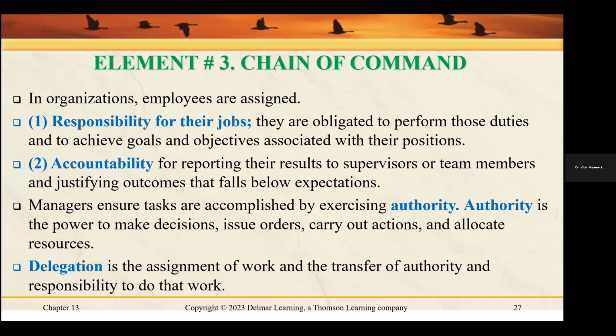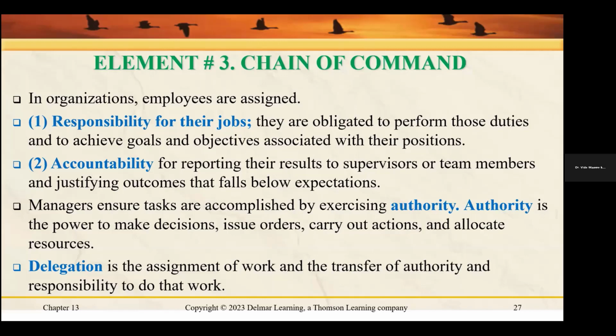Managers ensure tasks are accomplished by exercising authority. Authority is the formal power to make decisions, issue orders, carry out actions, and allocate resources. Delegation is also part of this element, the chain of command. Even in authority, we have line authority and also staff authority.